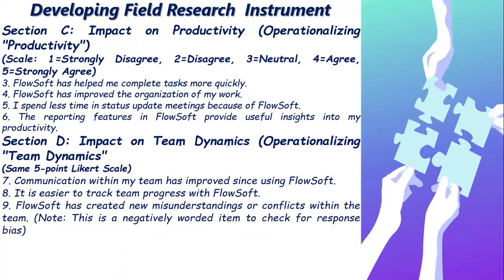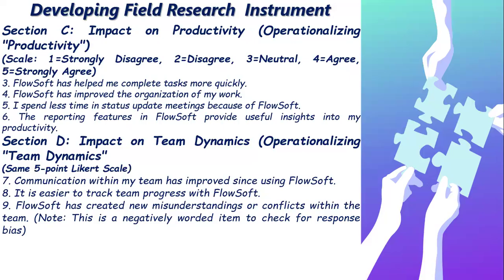Section D, impact on productivity, operationalizing productivity. Scale: strongly disagree, disagree, neutral, agree, or strongly agree. FlowSoft has helped me complete tasks more quickly. Now here you have options 1 to 5.